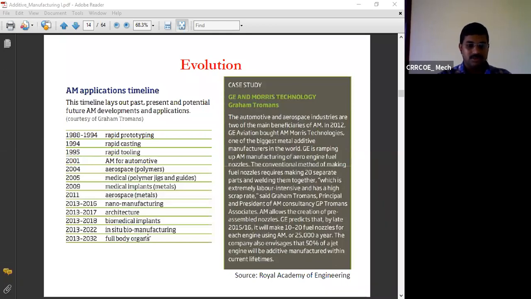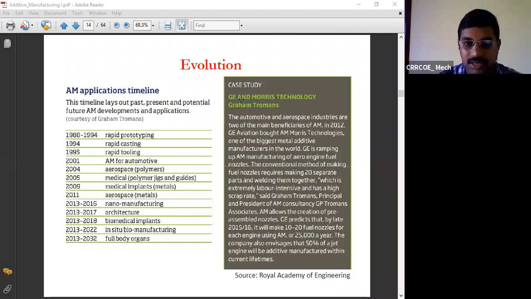But whatever components are produced by additive manufacturing, implants for the human body and fully body organs are going to be produced by additive manufacturing.